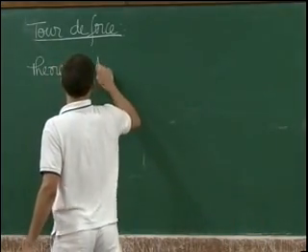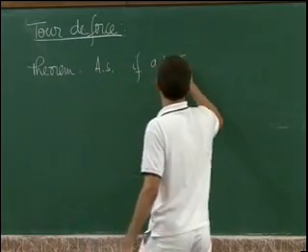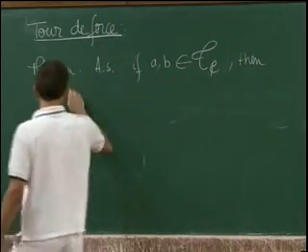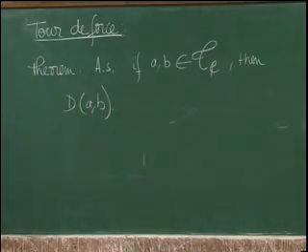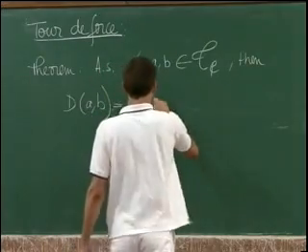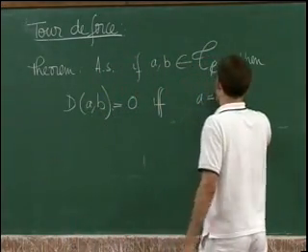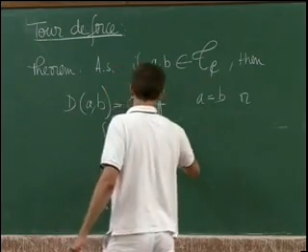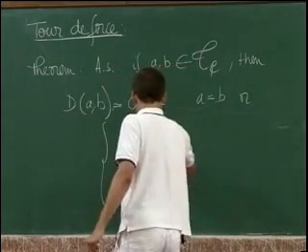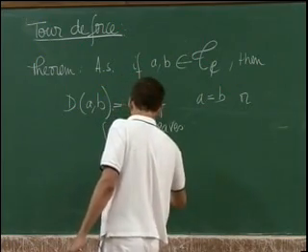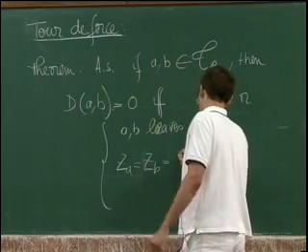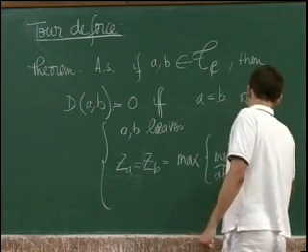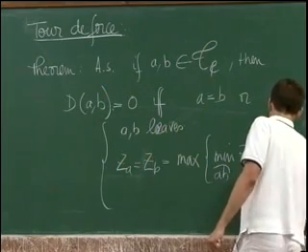So, almost surely, if a and b are 2 points in the CRT, then the distance between these 2 points, the distance defined on the tree, is 0 if and only if a equals b, which is obvious, or a and b are leaves, and the label at a is equal to the label at b, which is equal to the maximum of the minimum along [a,b] in the tree of Z and the minimum between [b,a] in the tree of Z.